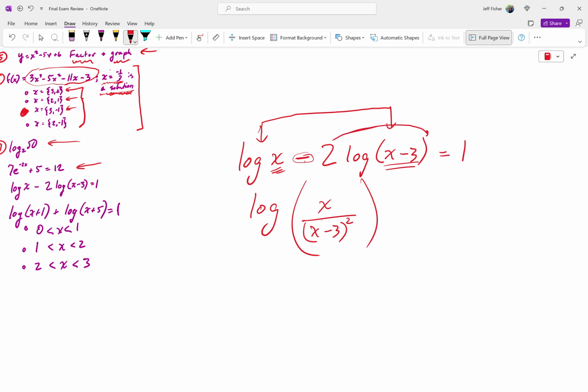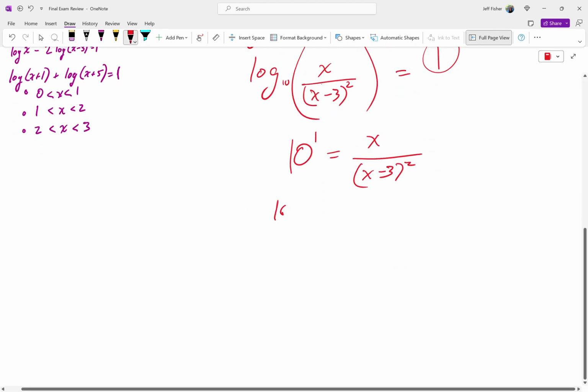This 2 goes back out as an exponent. So then this equals 1. So how do we solve that? Well, if we have log base 10 of this equals 1, then we just exponentiate each side. We rewrite it in exponential form. So this side is going to be 10 to the 1 power equals x divided by x minus 3 squared.